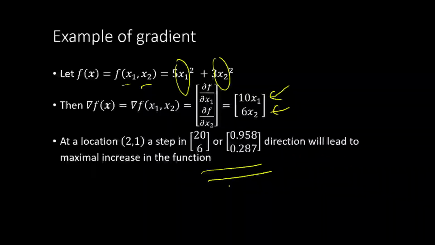This direction is basically the unit vector. I computed the derivative at x1 equal to 2 and x2 equal to 1, and I got 20 and 6. If I convert it into a unit vector, I get a unit direction, and that direction tells me where to step for maximum increase. If I want to go to the bottom, I will go in the negative of this direction.